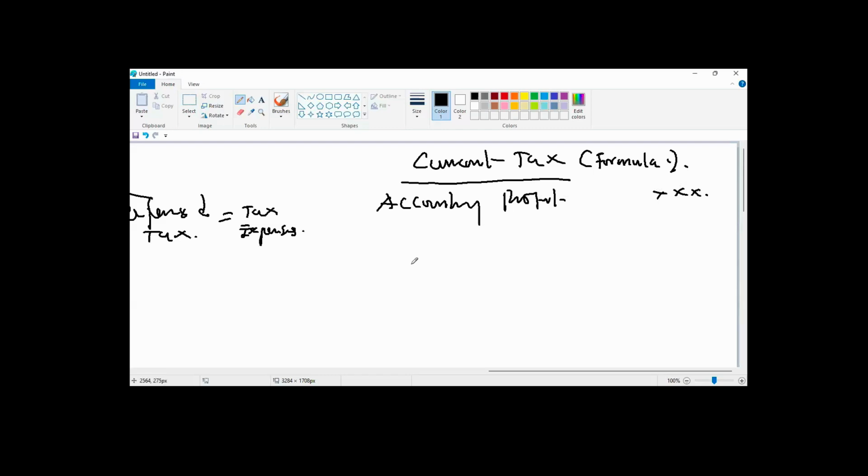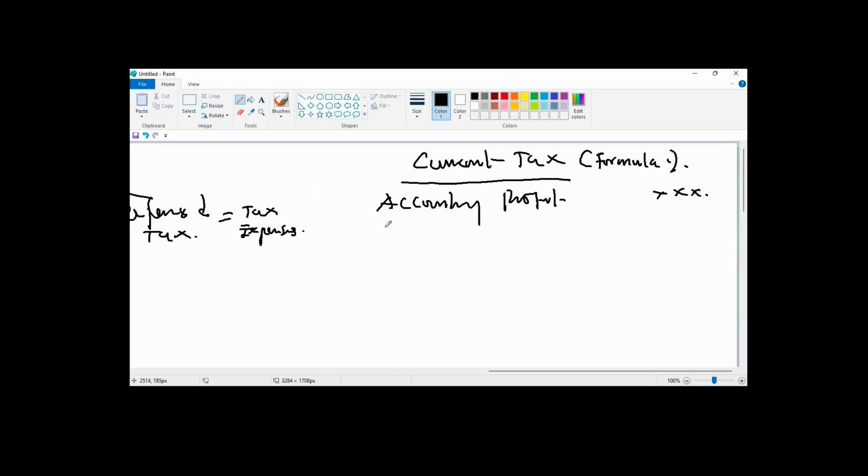But don't forget who is using accounting profit. Accounting profit is being used by an accountant. You don't need to cram. What is accounting profit? Accounting profit is arrived at after all expenses have been deducted except tax. Meaning that if you come to net profit, accounting profit is the same thing as profit before tax.